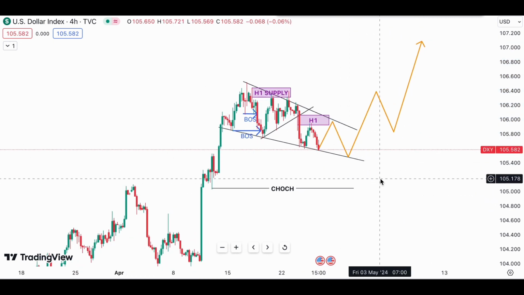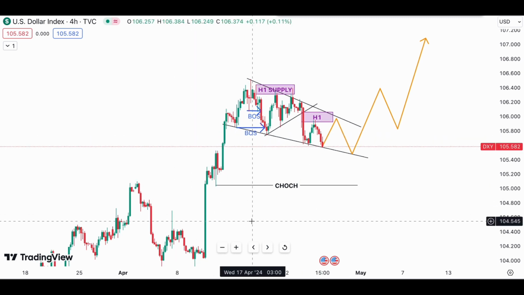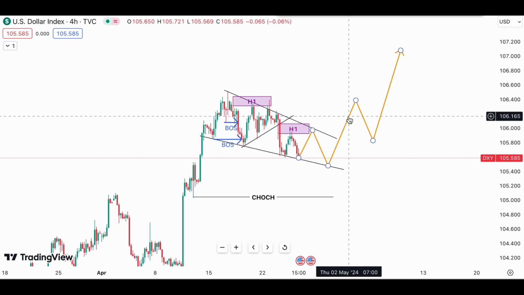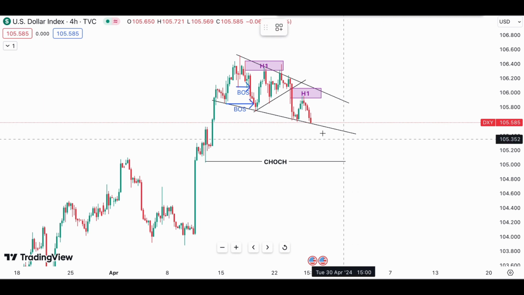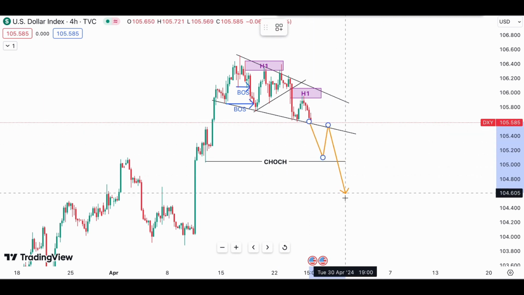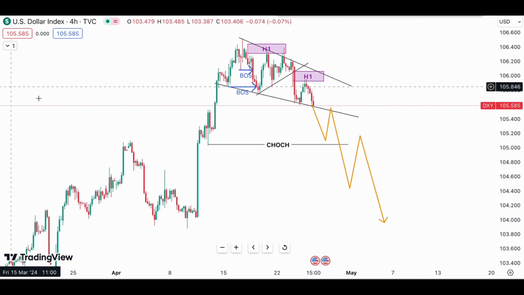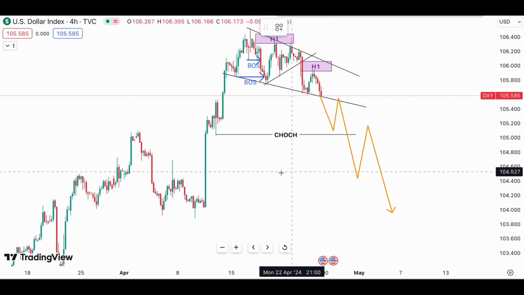So we have to monitor the price action, what the price is doing, and what happens on every key level. If it wants to continue the trend, this should be how it looks. Or if it really breaks this level, then what we should look for is a short on this US dollar, the dollar index.